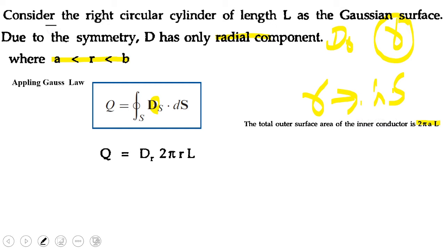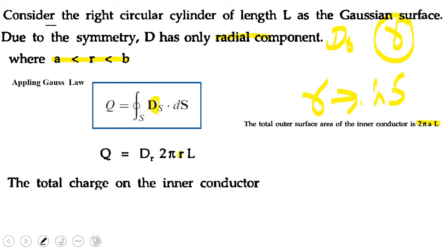Remember, this r is the point from the center of the coaxial cable, from where you are going to measure the electric flux density or electric field intensity. Now the total charge on the inner conductor: Q is equal to the closed surface integral of rho s dS. This we have seen in the surface charge distribution. Here rho s is the surface charge density.